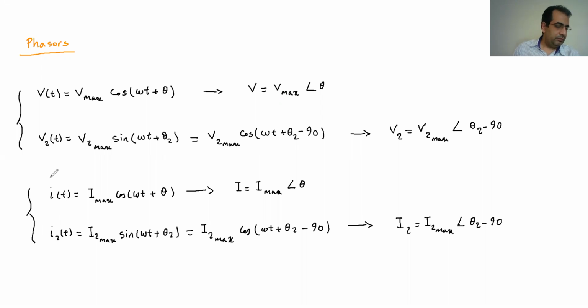So either in the voltage or current, we simply convert them to the phasor. And as you can see, the phasor is a form of complex number. So basically we convert this signal, which is in the time domain and is a function of time, to a complex number.